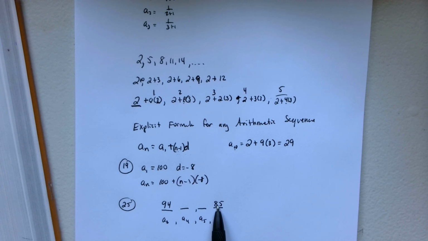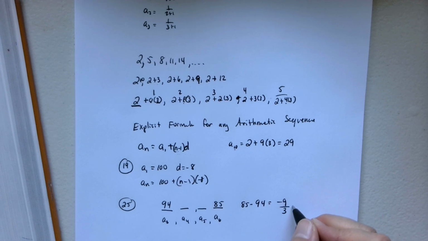The way I would do this is I know that the same thing was added here, and here, and here. So I would try to figure out, what is the difference between 85 and 94? Well, that's -9, and this happened 3 times. So the difference from here to here is -9, and this happened 3 times, so I'm kind of looking for the average here.